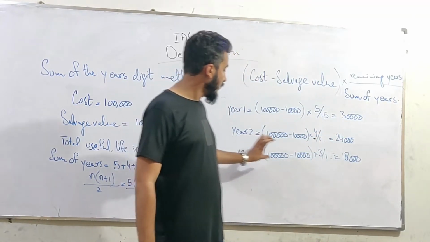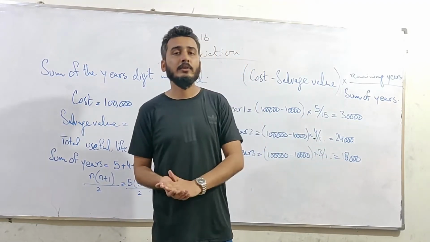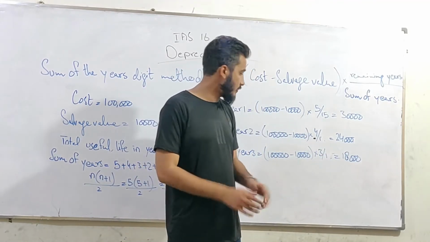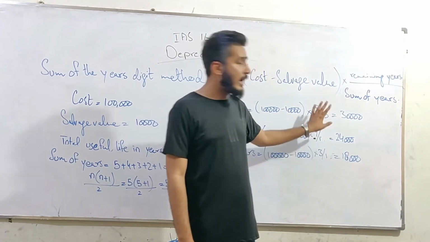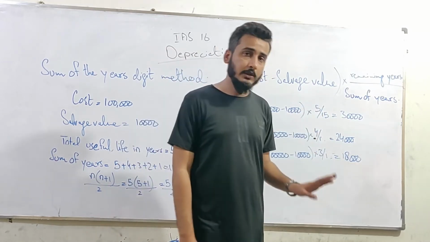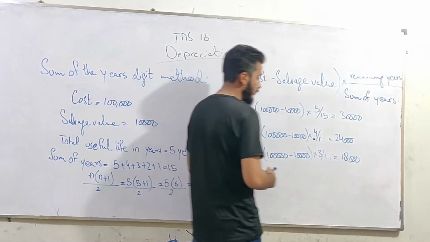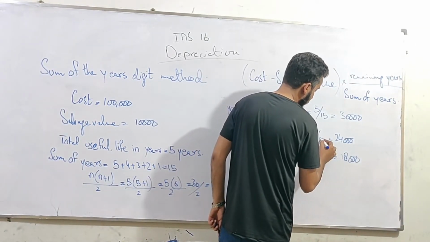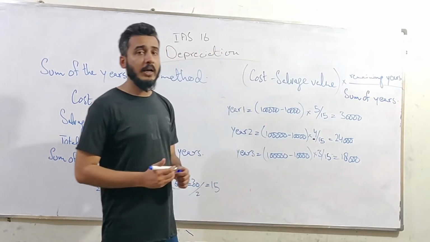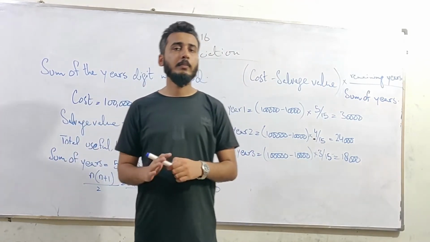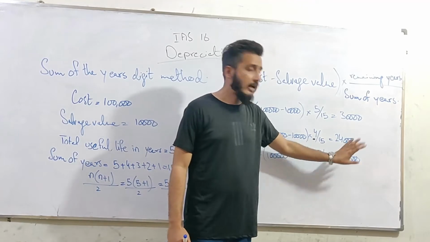Now in year 3, we will deduct 100,000 minus 10,000, and the machinery has been depreciated for 2 years. Therefore, it is left for 3 years. So we will multiply it with 3 and divide it by the sum of years.